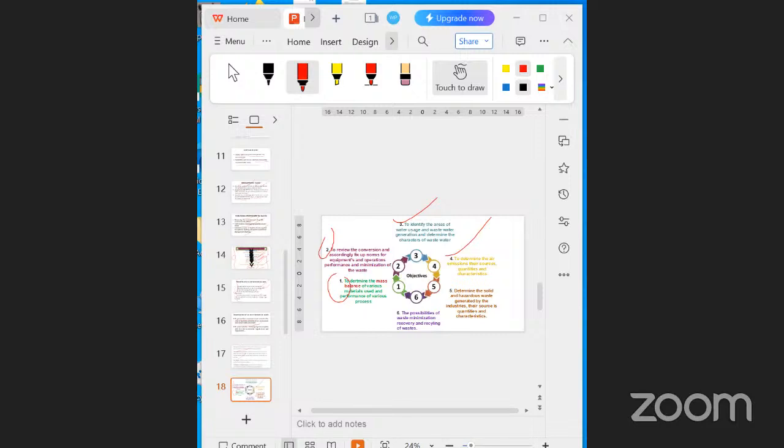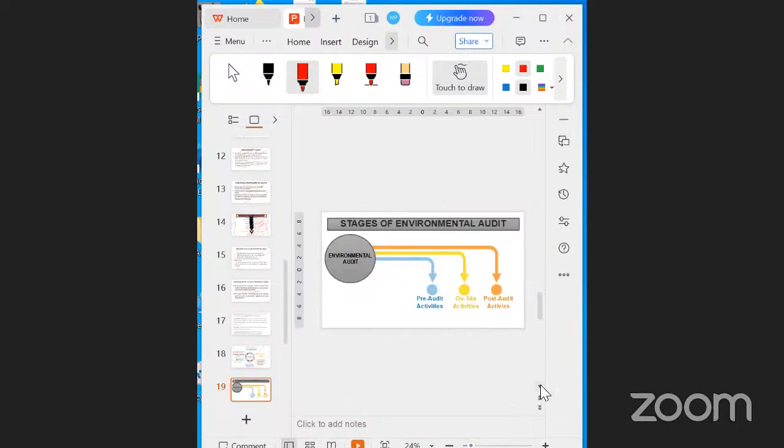And the fifth one is to determine the solid and hazardous waste generated by the industries, their sources, quantities, and characteristics. And the last one, the sixth one, is the possibilities of waste minimization, recovery, and recycling of waste. So these are some of the objectives of environmental auditing, right?